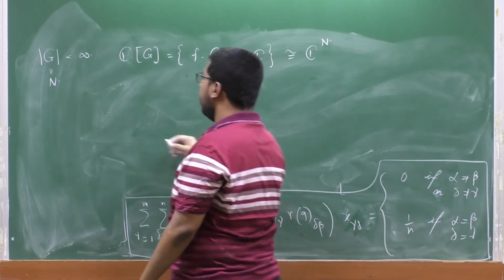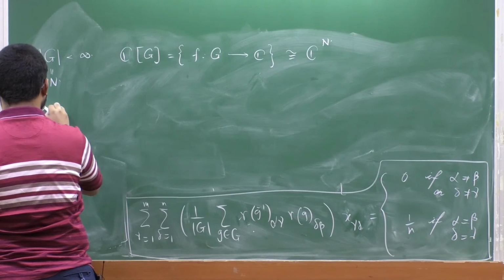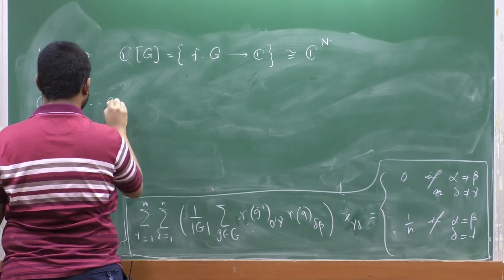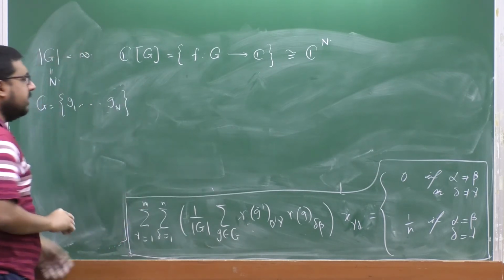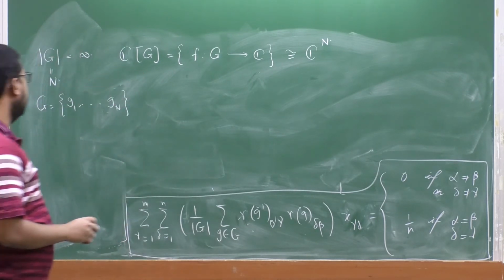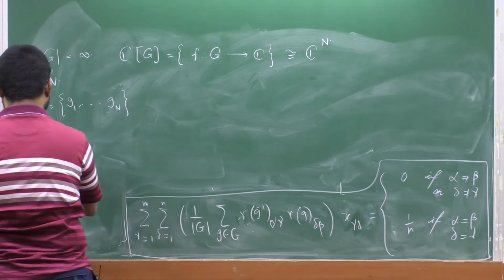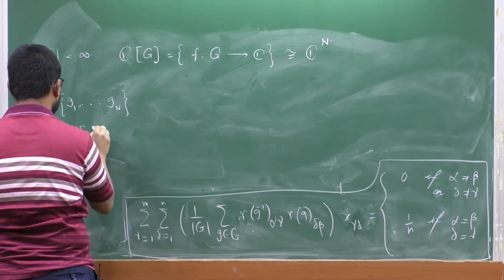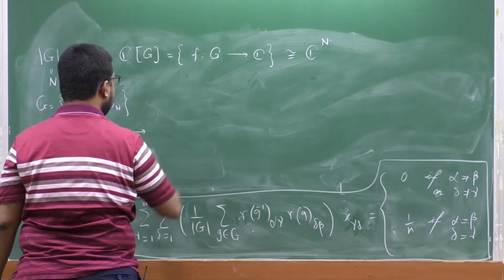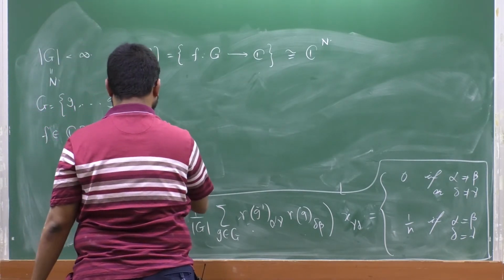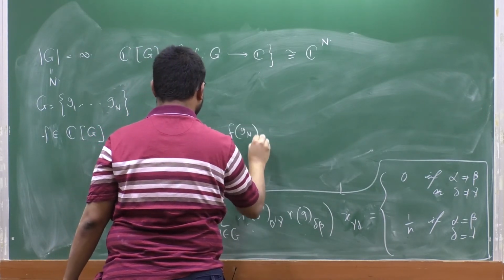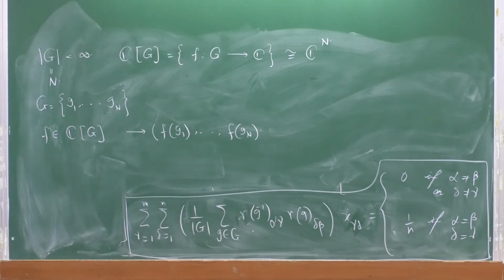So what do we do here is a very simple thing, right? We order the elements of G in this manner. We see that the ordering does not matter. So whenever we are given a map in CG, we send it to the corresponding tuple here. Okay.